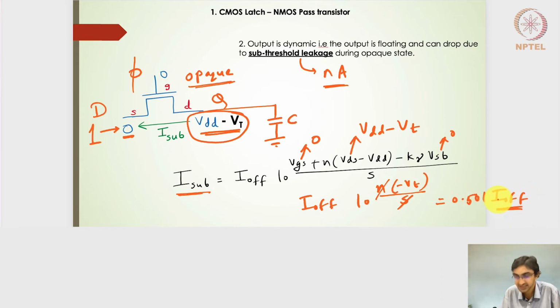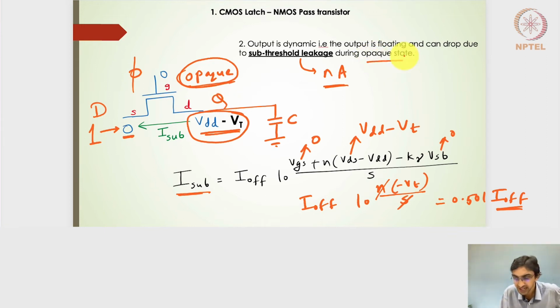The I0 current is generally around 5 nanoamperes, 5.63 nanoamperes for an NMOS transistor, so we are likely to get somewhere around 2.51 nanoamperes, but still there will be some amount of leakage current, and if this opaque state remains for a longer duration, even the small subthreshold leakage current is likely to cause a greater drop in the output voltage. So that is the problem.